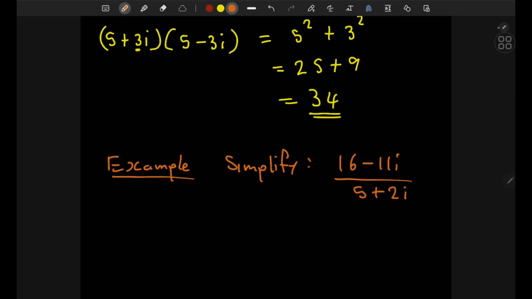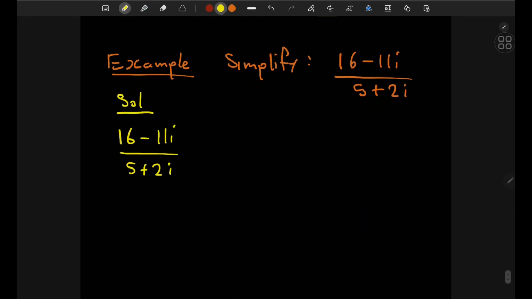Alright. So let's have an example now on division, so that you simplify this complex number. So to get our solution for this expression, we said to multiply it with the conjugate of the denominator. So that is, we'll multiply with 5 minus 2i over 5 minus 2i. Let's multiply on the numerator. So multiplying on the numerator will give us 5 by 16, that's 80.